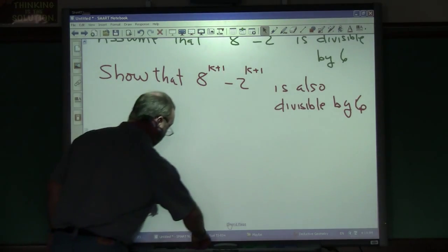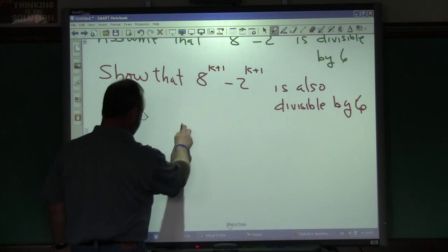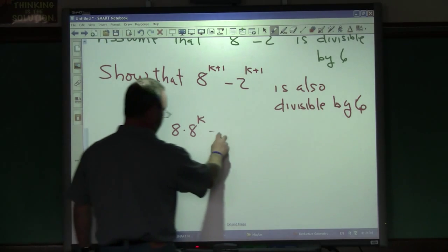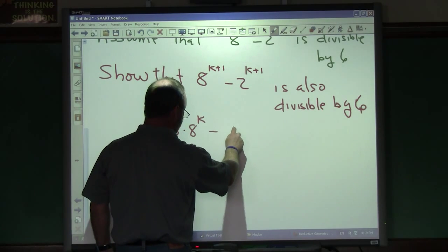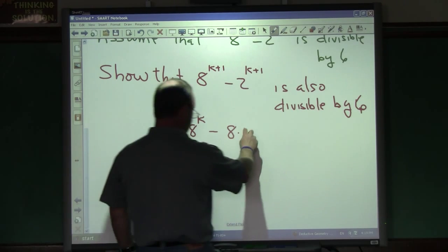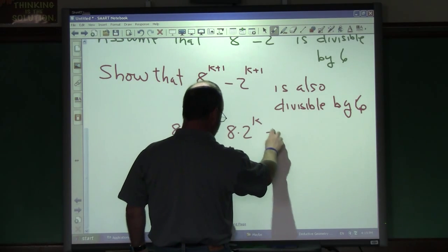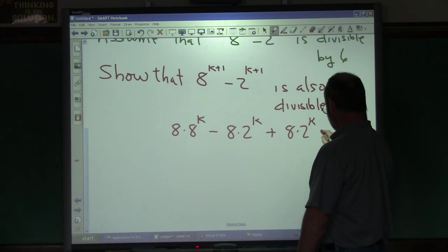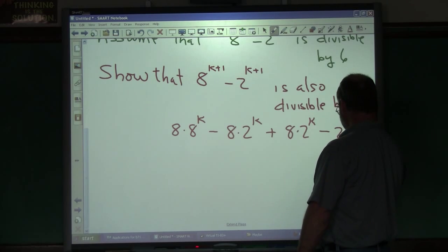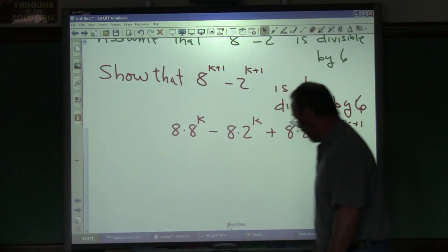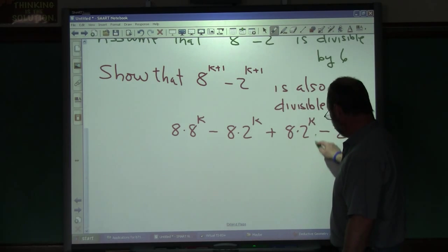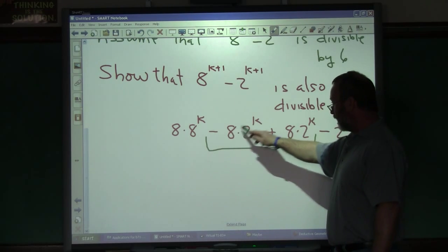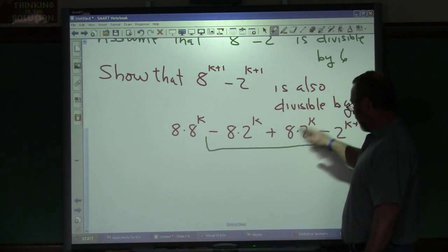Well, I'm going to rewrite this as 8 times 8 to the k minus 8 times 2 to the k plus 8 times 2 to the k minus 2 to the k plus 1. Now how did I get to do that? Well, this part right here is just 0. I subtracted 8 times 2 to the k, and I added 8 times 2 to the k.